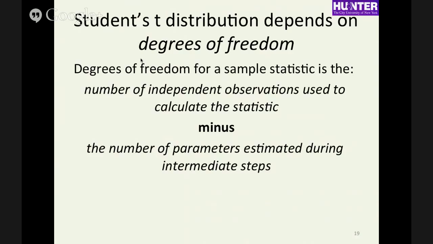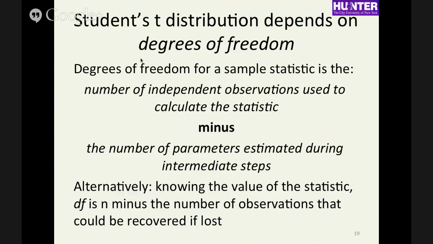Each one of those, you lose a degree of freedom. There's that alternative explanation that I mentioned, that if you know the value of your statistic, like the t statistic in this case, how many observations can you take away and then replace them again?